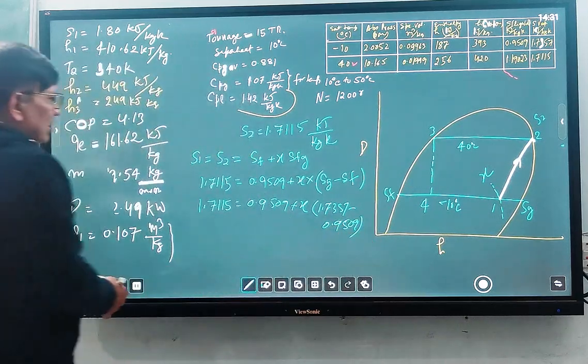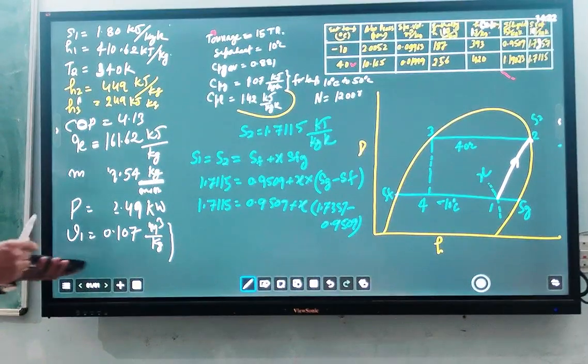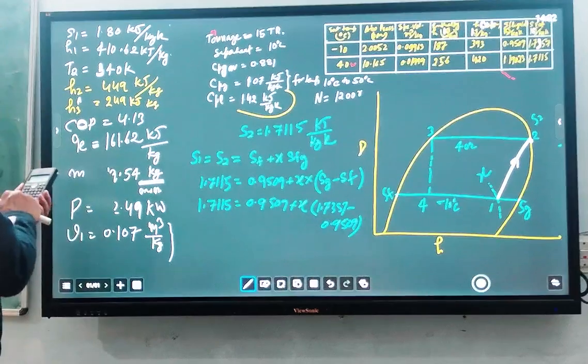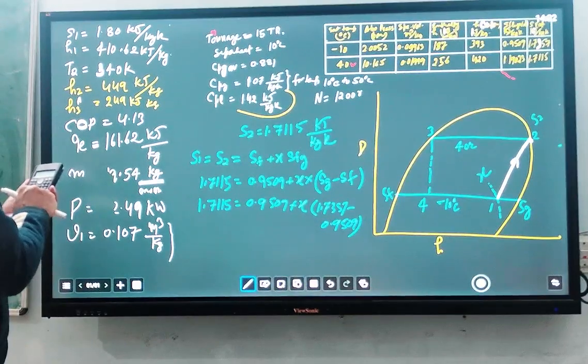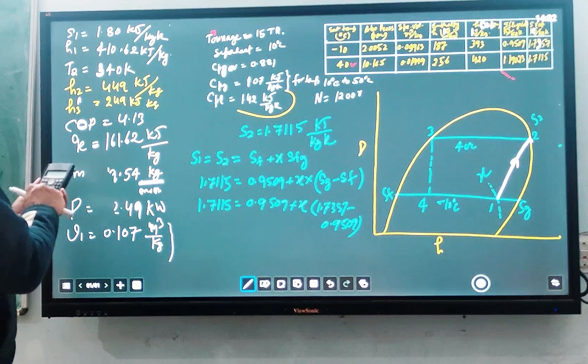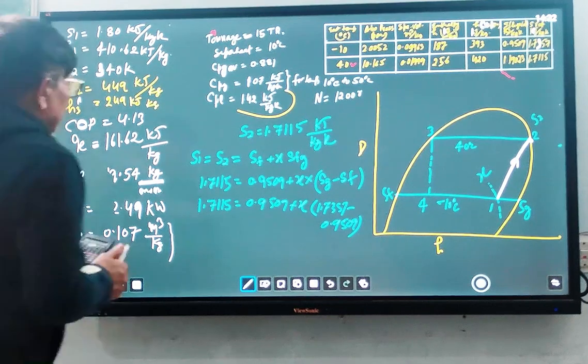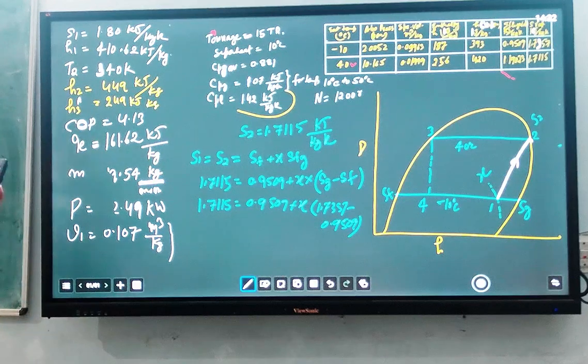By using this equation we can find out X. So again we calculate this value of X. 1.7115 minus 0.9509, divided by 1.7357 minus 0.9509. This X equals, sorry, there is some mistake in the calculation.